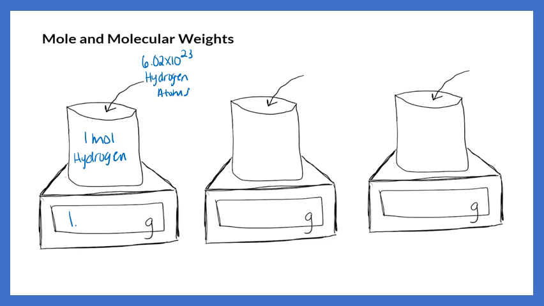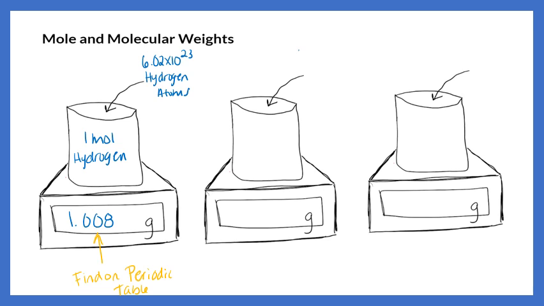That would weigh 1.008, pretty sure, 1.008 grams. And we can just find this number on the periodic table. So a mole of hydrogen weighs its mass in the periodic table.